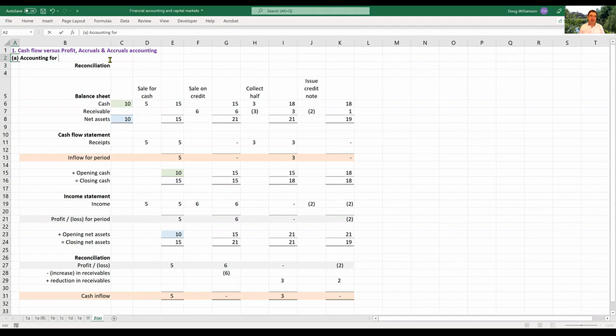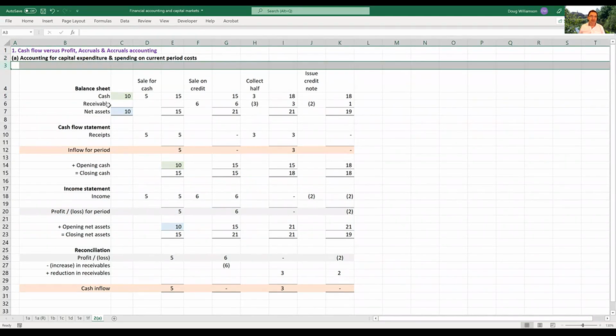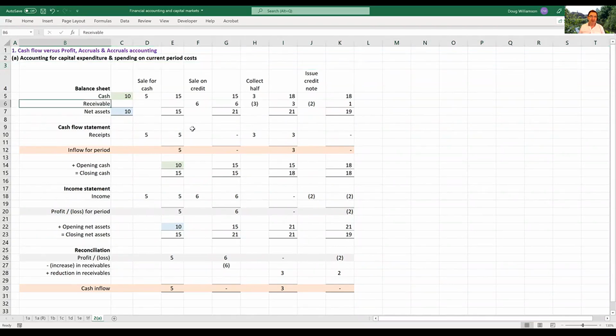So accounting for, let's say, capital expenditure and spending on current period costs, let's call it. And let's change some of these rows.